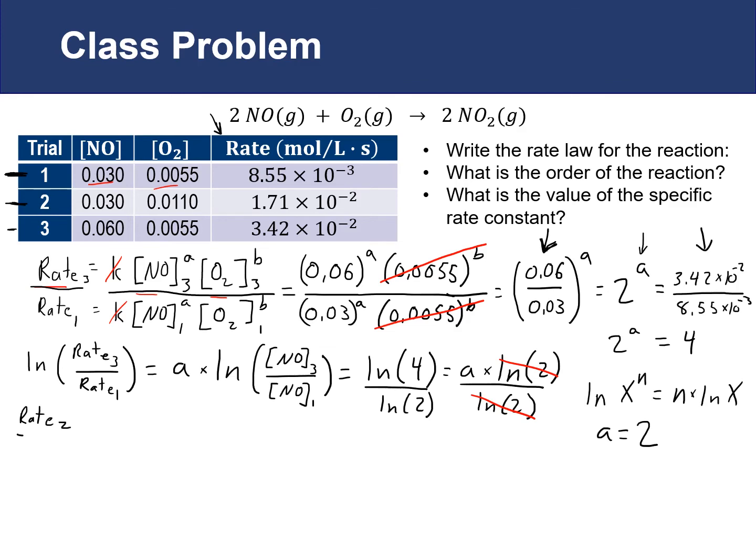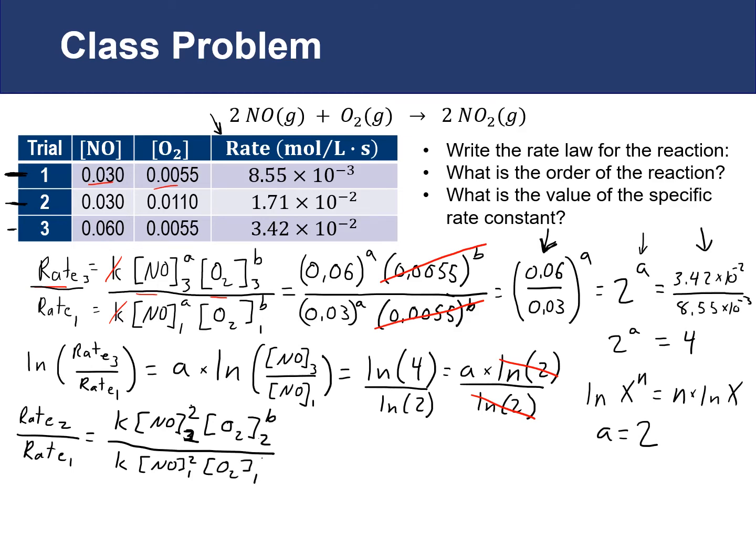So I'm going to take the rate of trial 2 divided by the rate of trial 1, and that would be equal to k times NO for trial 3 raised to, well, we know that a is now a 2, so we can just put a 2 there. And O2 for trial 2, and this would be trial 2. We still don't know what this one is, so we keep it a b. Okay, we can put k here, NO for trial 1, that's a 2, O2 for trial 1, b.